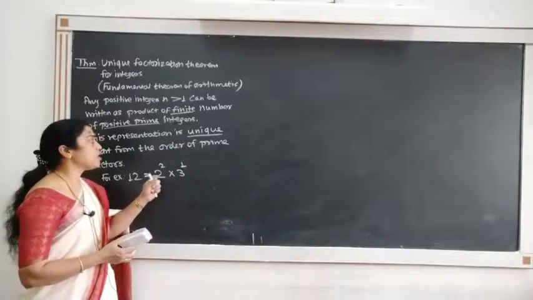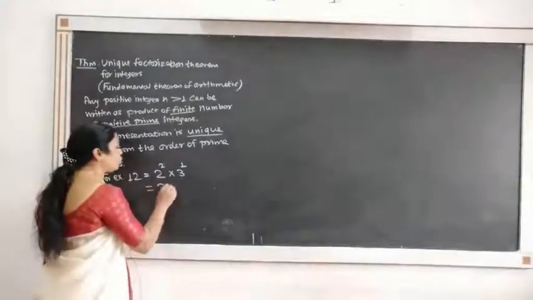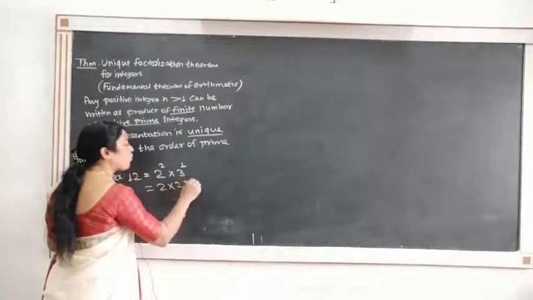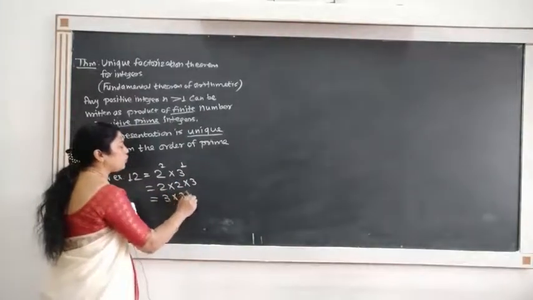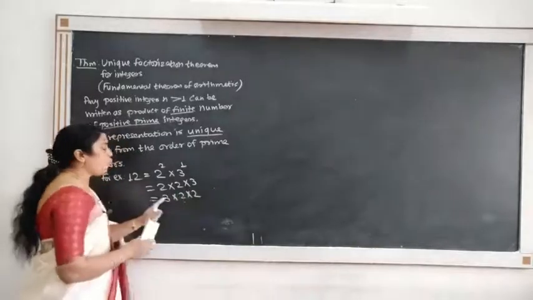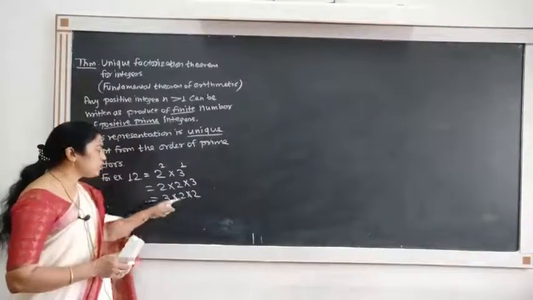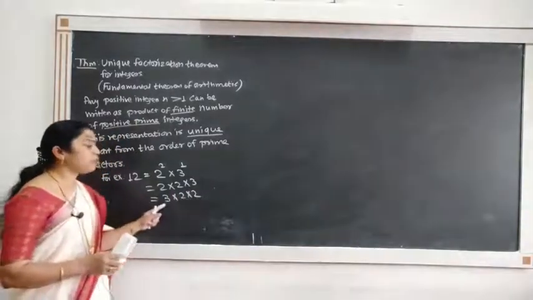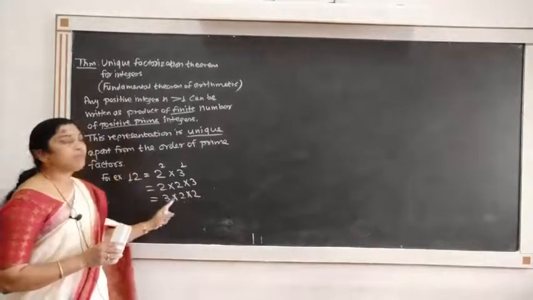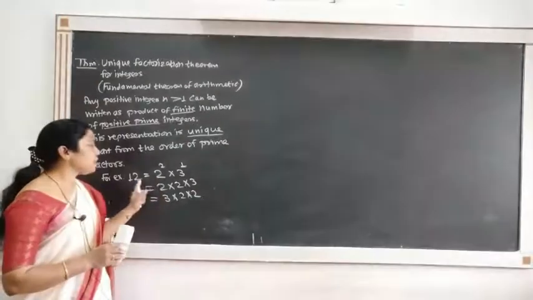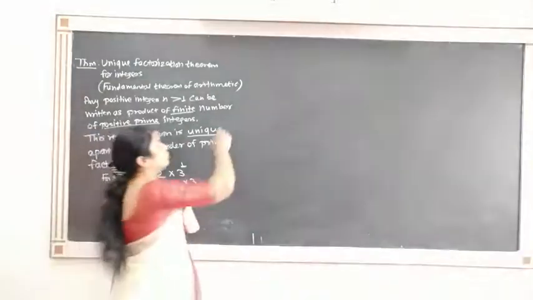So this is nothing but 2 into 2 into 3, and what will change is only the order, 3 into 2 into 2, whatever it may be. Only the order may change, otherwise this expression is always unique.